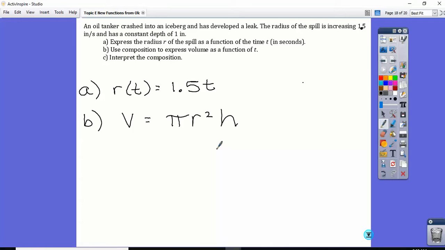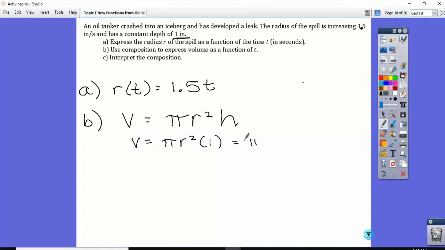All right. But we know a little bit about this. Is my h changing? Is the height of this or the depth of this changing? No, I already told you the constant depth was 1. So we could change that h to a 1.